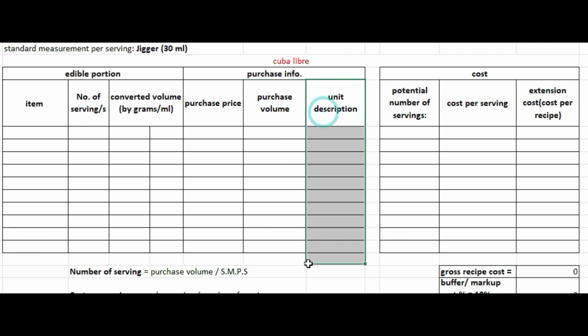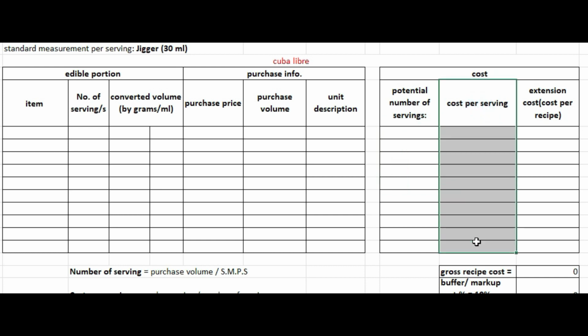Then we have also this purchase information. First we have the purchase price, how much it costs when you purchase the item. Then we have the purchase volume, and then the unit description. The unit description is very important to indicate if when you purchase it is by ml or by grams, and also if it is by bottle or by pack.